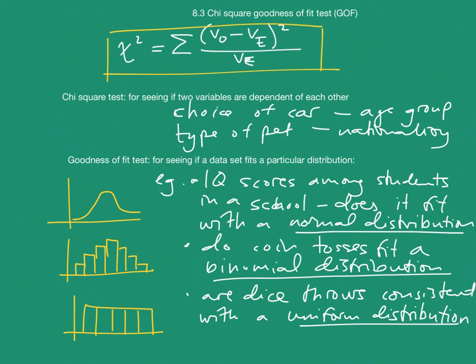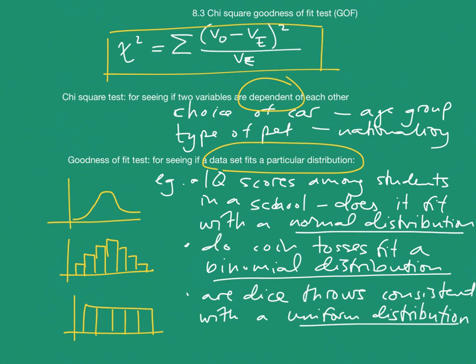test against. So the main difference then is one of purpose. We use the chi-square test to check two variables, to check for dependence. The goodness of fit test is to see if a data set that we have fits a particular distribution.